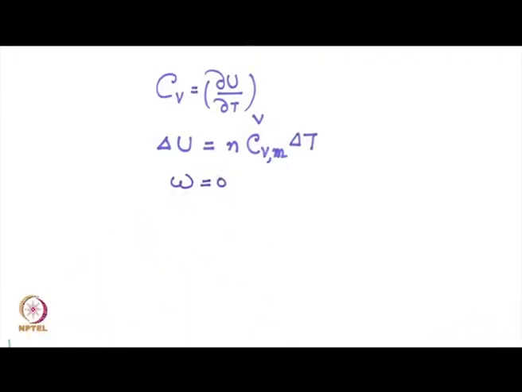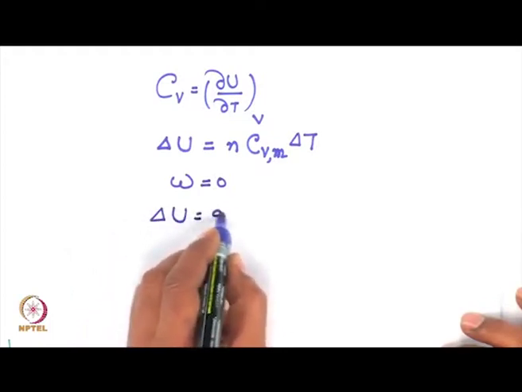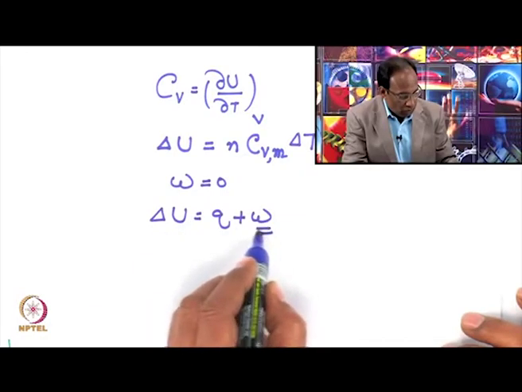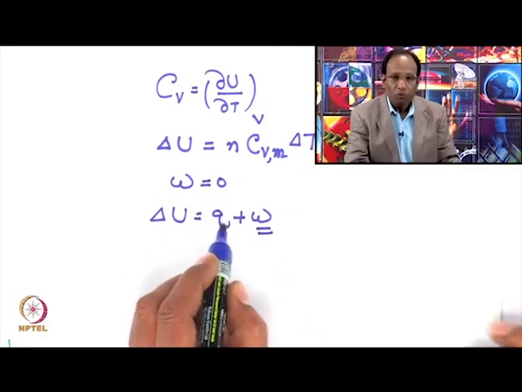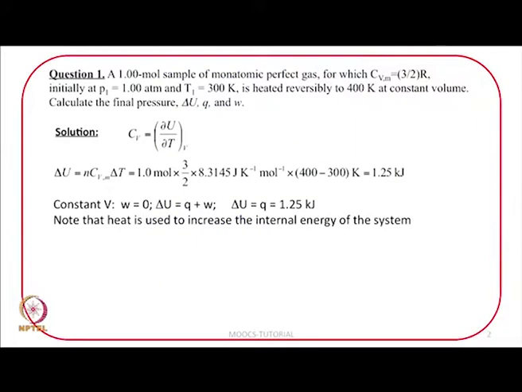If W is equal to 0, then I use the first law, delta U is equal to Q plus W, and immediately we get to know that delta U is equal to Q. And let us see the calculations. Since delta U we have just calculated to be 1.25 kilojoules, Q is also equal to 1.25 kilojoule.